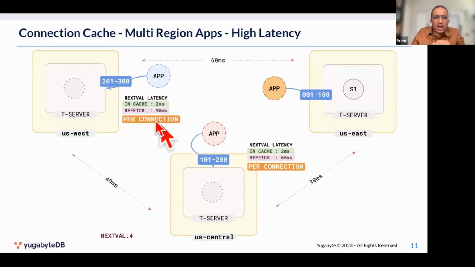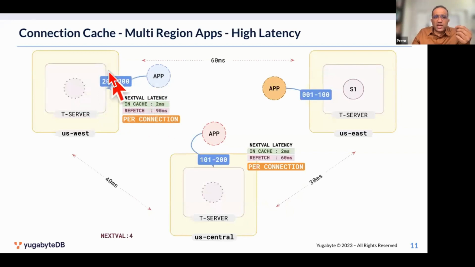That's still the same. But when your cache is depleted, the repopulation happens automatically. You don't have to do anything specifically; the database will take care of that. So when the current val becomes 300, and this particular app issues a next val, the refetch will take a latency hit of about 90 milliseconds.